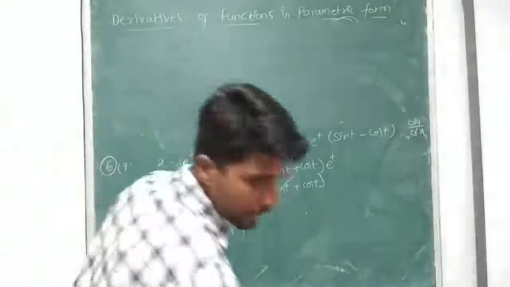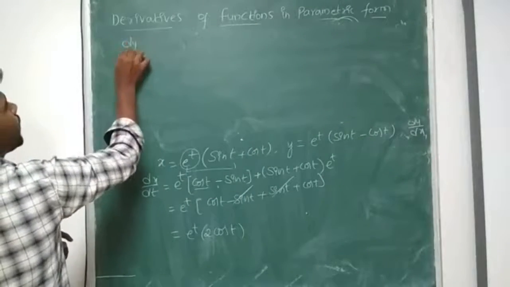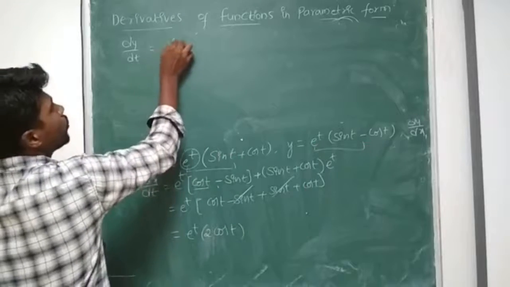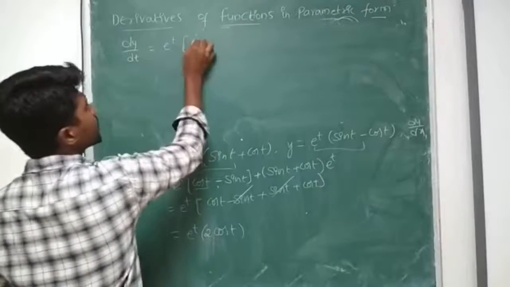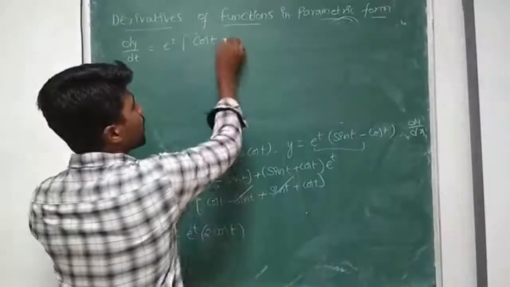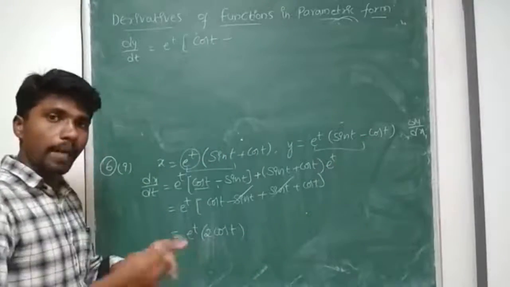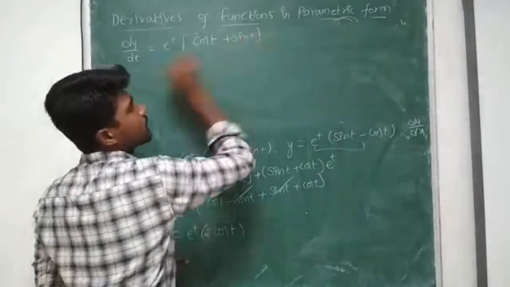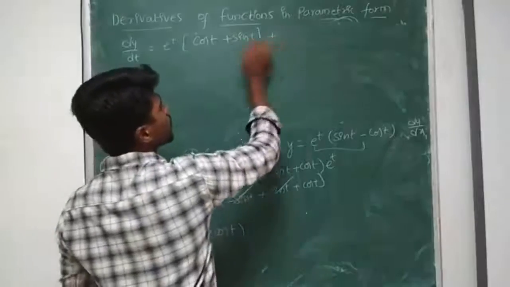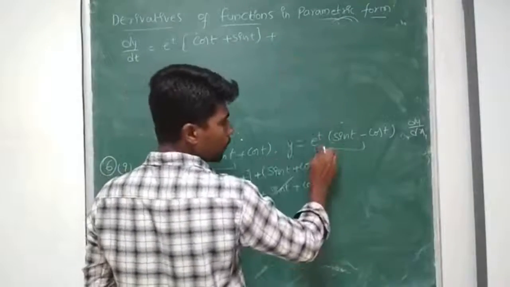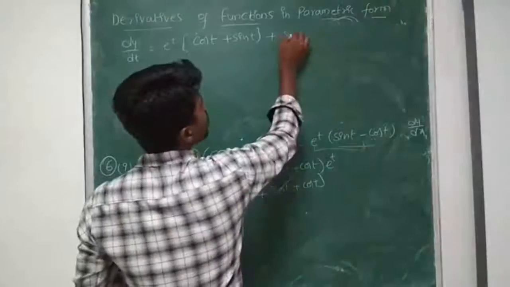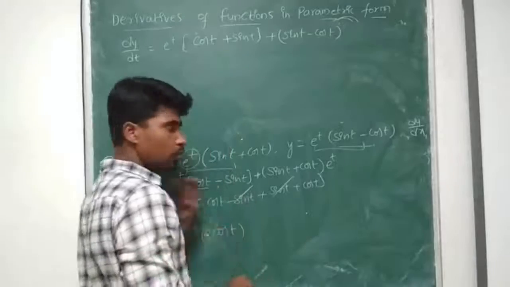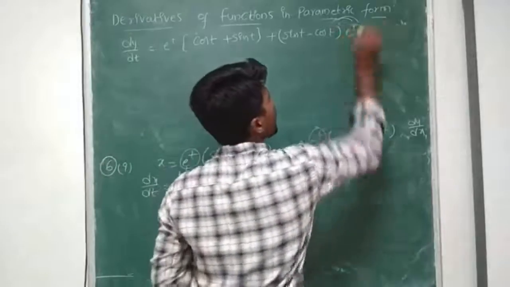So what is dy by dt? Dy by dt is equal to, again uv form, u v dash: sin t differentiation cos t minus cos t differentiation minus sin t, so minus into minus is plus. Then v into sin t minus cos t into the u derivative, e power t derivative is e power t.